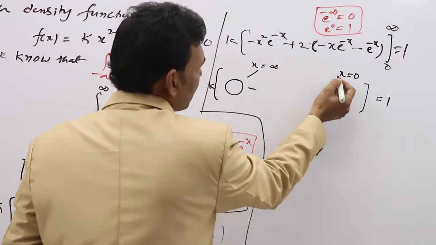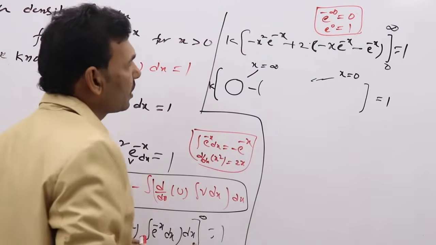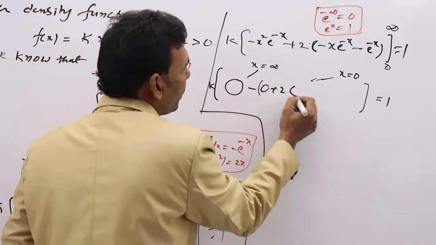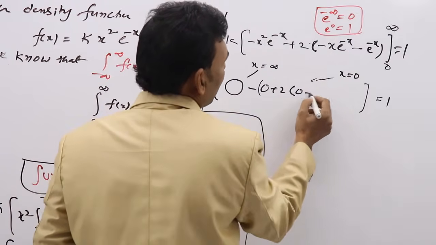Coming to the 0 case, I am writing here. If you write 0 here, this becomes 0, plus 2 into, this becomes 0, this is 1.